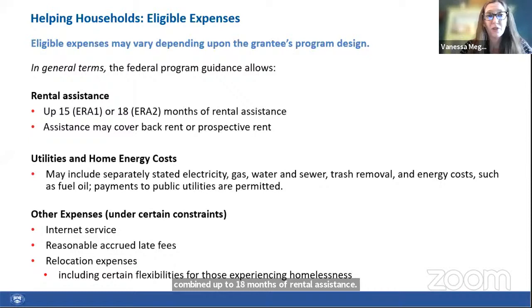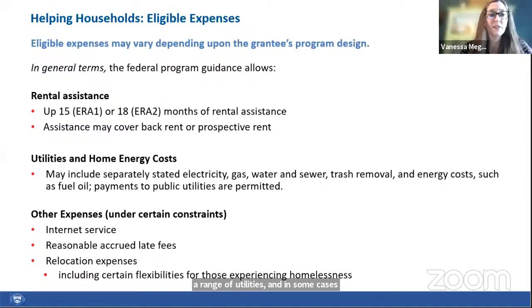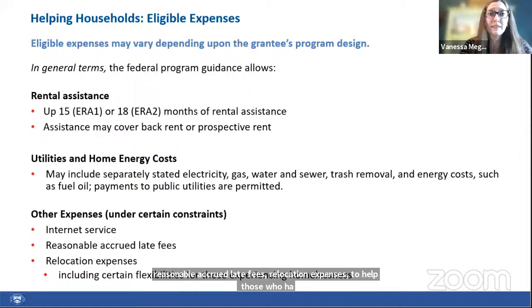The assistance may also cover utilities, across a range of utilities, and in some cases, depending on the grantee, internet services, reasonable accrued late fees, relocation expenses to help those who have been displaced, etc. Next slide, please.